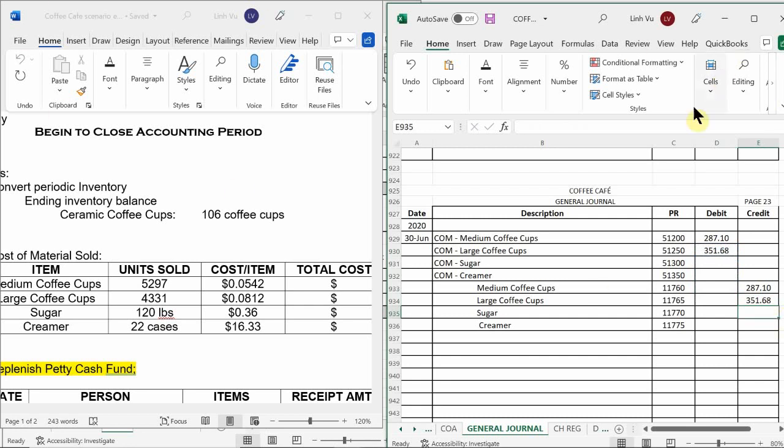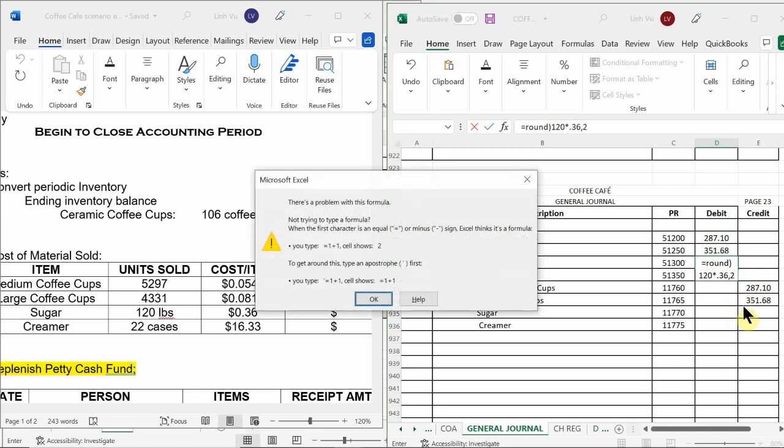Let's see. My sugar. We used 120 pounds, and it cost us 36 cents each pound, and we used 120 pounds.